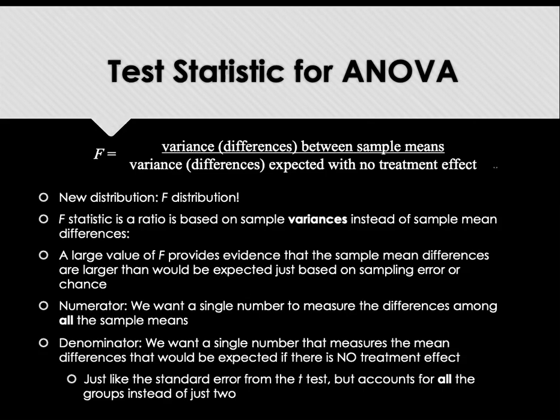So just like the denominator was standard error in the T test, similarly in the F test, we're looking at what variance would we expect if there's no treatment effect? If the variance was all due just to sampling error, what would the variance be? And that's what our denominator is in an ANOVA with an F test statistic.